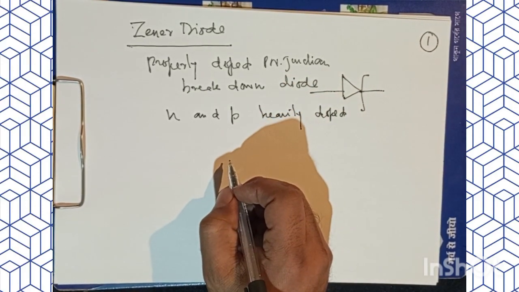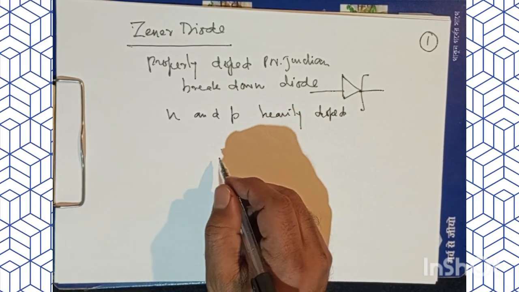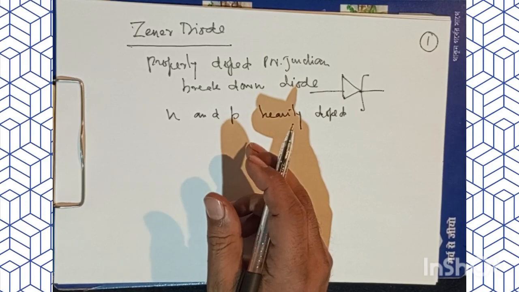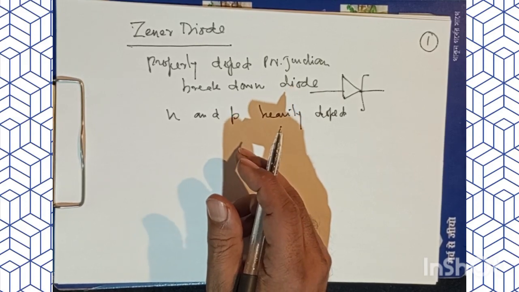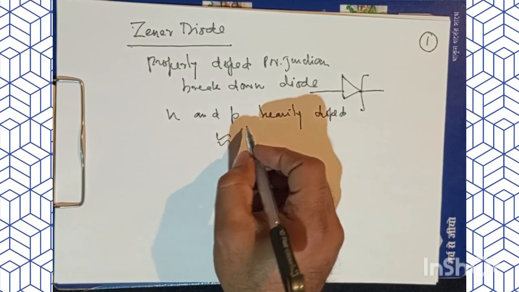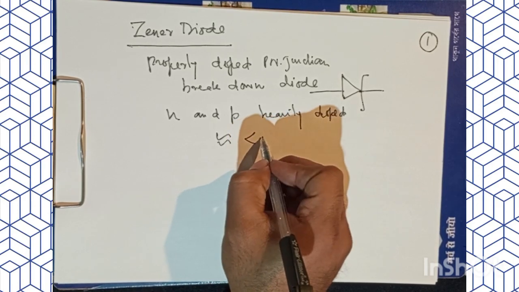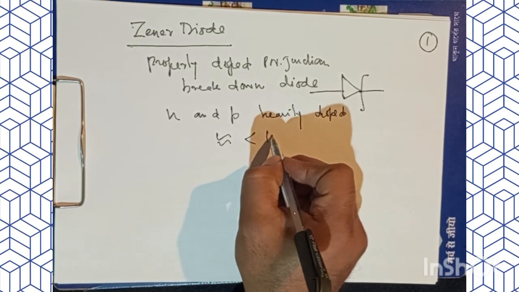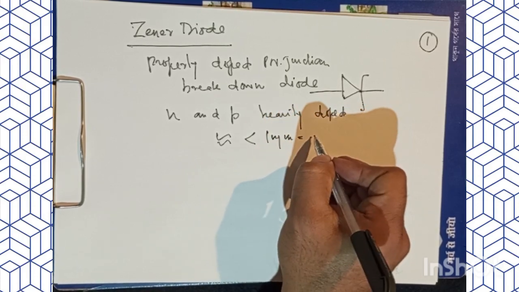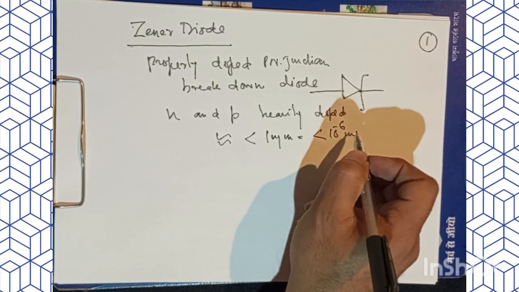As a result of this, the thickness of its depletion layer, or the region that encloses this depletion layer, becomes very small, of the order of micrometers. In fact, less than a micrometer. So that means nearly less than 10 to the power of -6 meters.